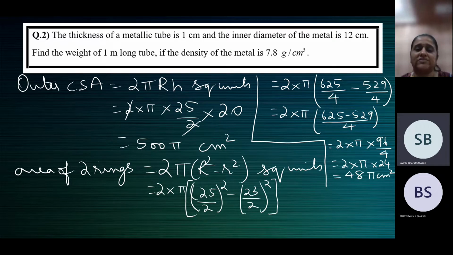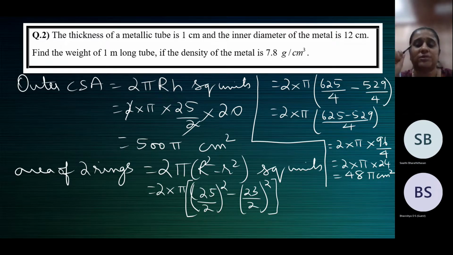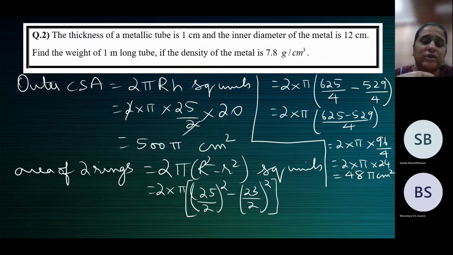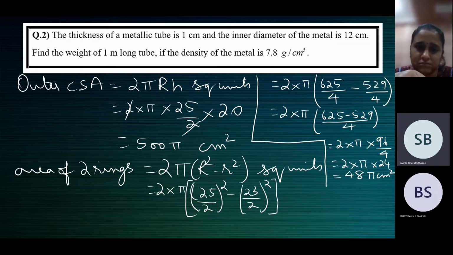You can use the formula a square minus b square is equal to a plus b into a minus b. Is that what you're trying to say? No, ma'am, I just used the whole formula, ma'am, and then substituted the values for all, like 2 pi h of capital R plus small r, and then plus 2 pi into capital R square minus small r square, ma'am.